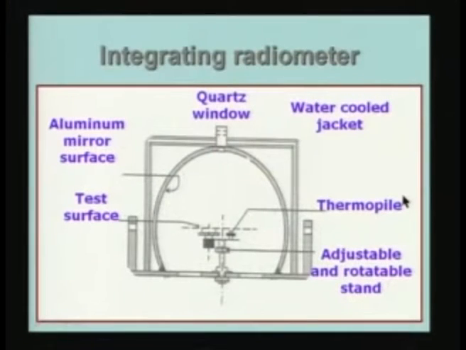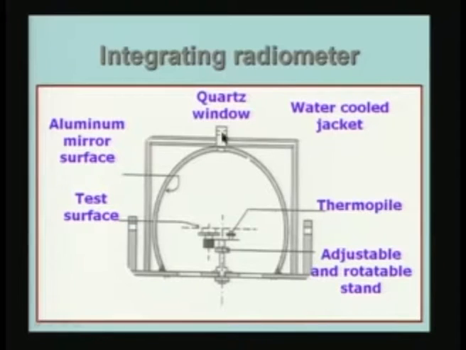Let us look at the operating principle and describe what is going to happen. We have essentially an aluminum spherical surface with a mirror finish on the inside, and what I am going to do is have the test surface and the detector side by side like this.